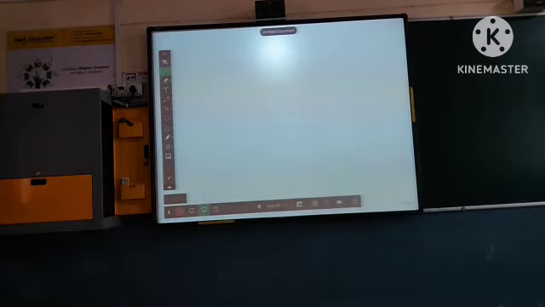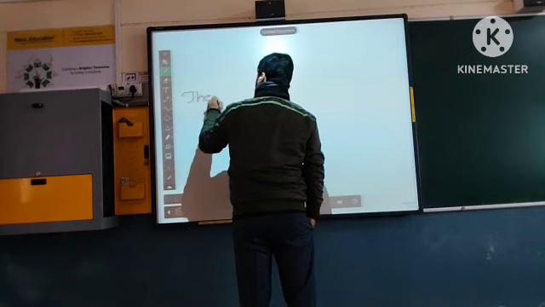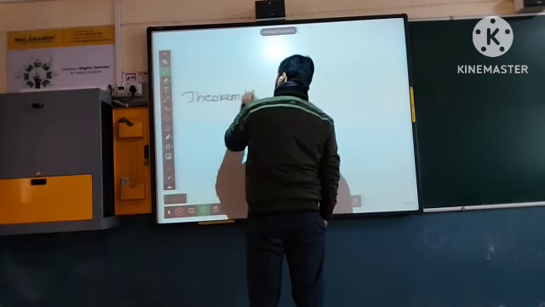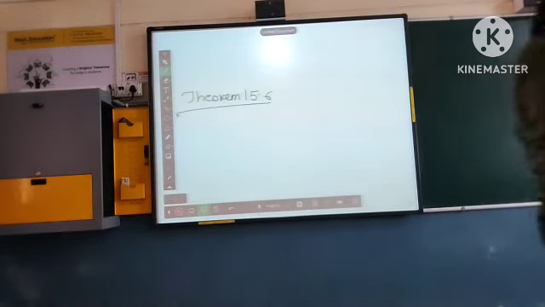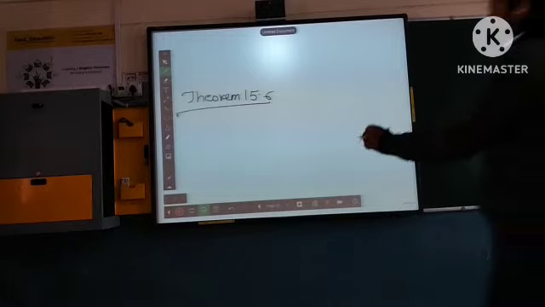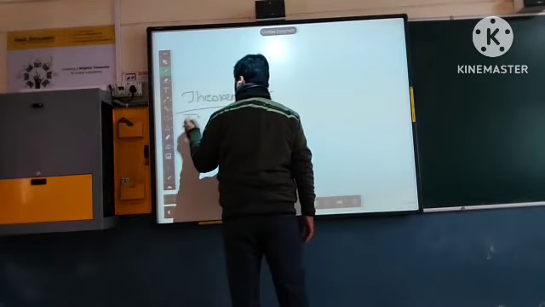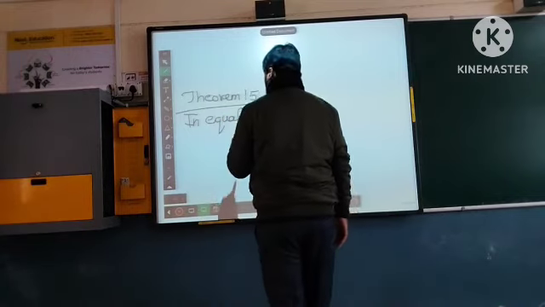Next, theorem 15.6. It says that in equal circles or in the same circle, equal chords cut off equal arcs.